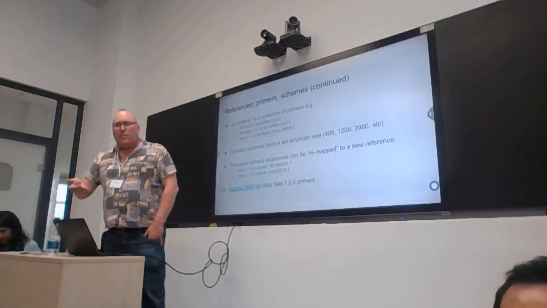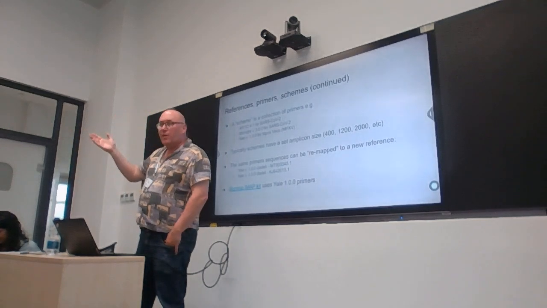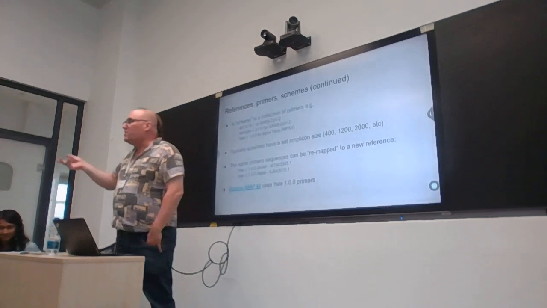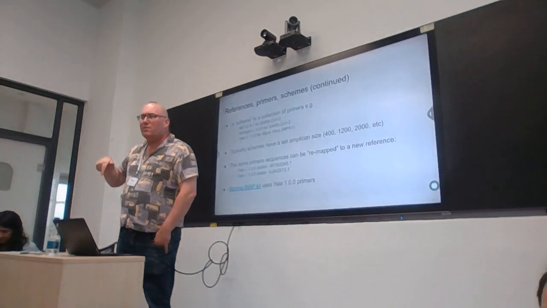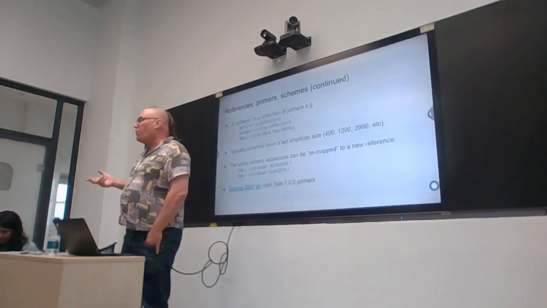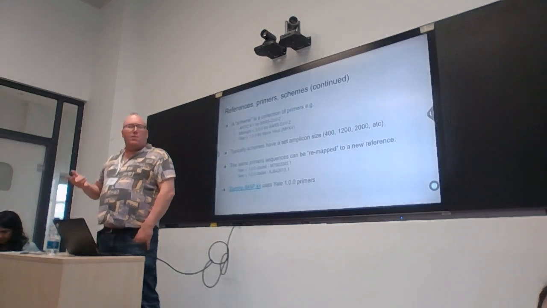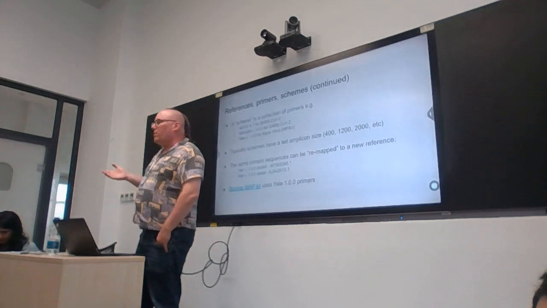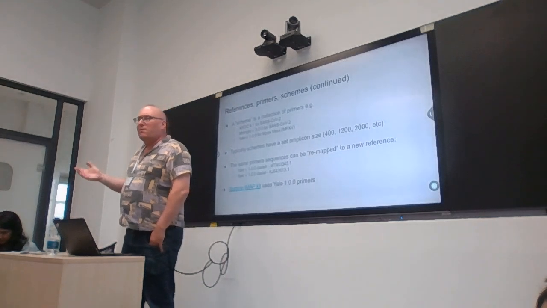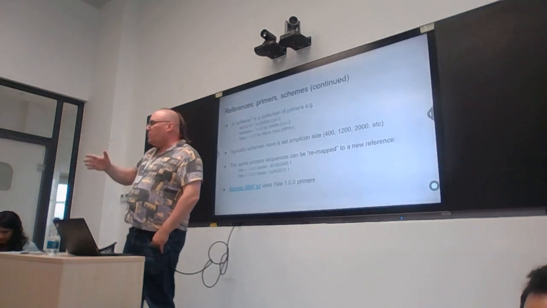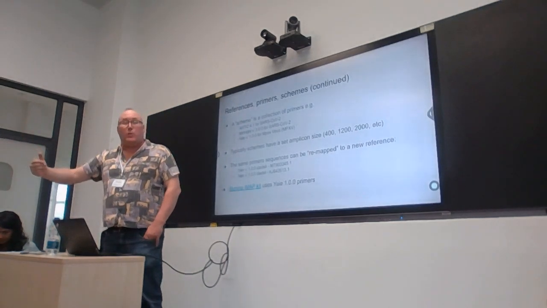Then when Delta came around, if people still remember the Delta variant, version 3 primers didn't work very well anymore, right? And then you had to use version 4 primers, okay? And then when Omicron came around, you had to update to version 4.1. I don't know if anybody here did that. The same thing, Midnight got some updates as well, okay?